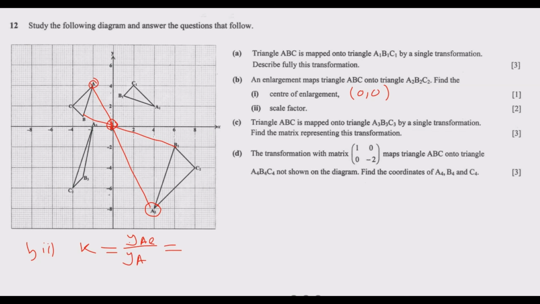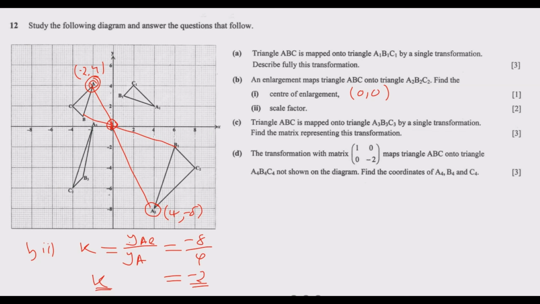So if I come here, what's the value of y at A? A is negative 2, 4. Then here is positive 4, negative 8. So I'm going to have negative 8 divided by 4. I'm going to end up with negative 2. So negative 2 is our K factor.